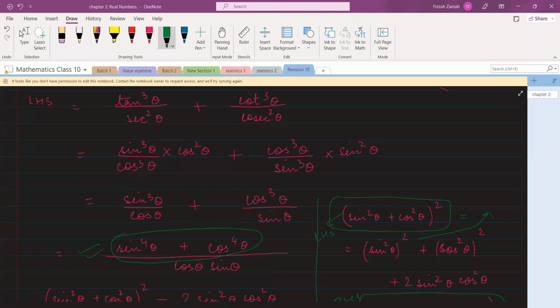Abdullah, you have to unmute yourself. Okay, scroll down.